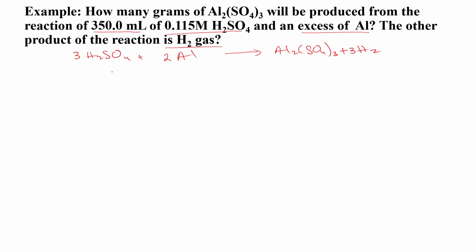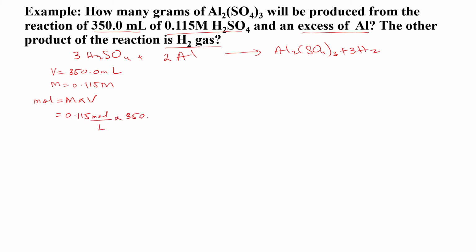Now, the next thing we have to do is write down the information that is given for sulfuric acid. Volume for sulfuric acid is given and molarity is given as well. With these two things, we can find moles of sulfuric acid. I will break down this M into moles over volume.